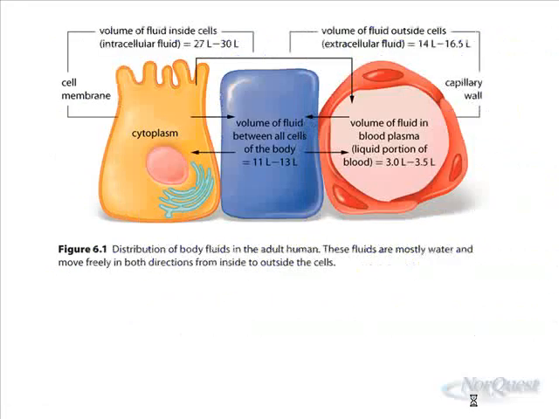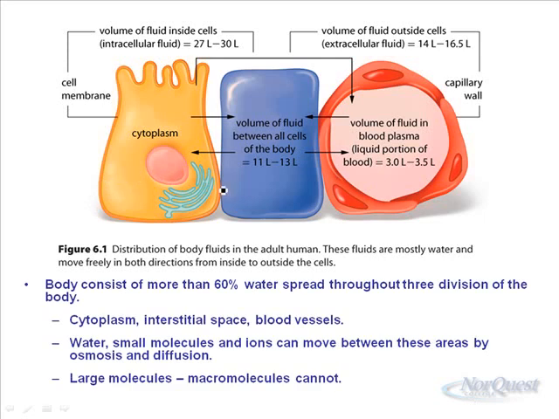Here we go. So when we look at the human body, this is kind of a schematic of the human body, where the human body is composed of three parts: cytoplasm, blood, which is, I guess, how things are transported outside of cells, and then all the volume between all the body cells.